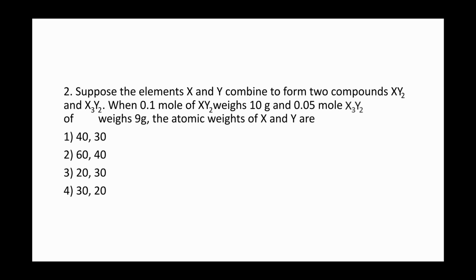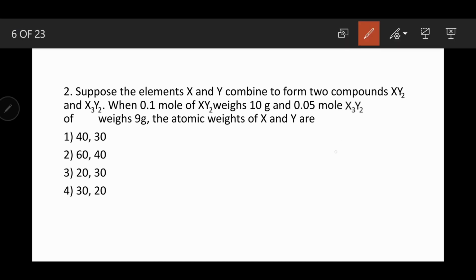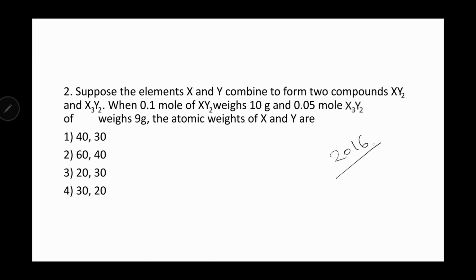When 0.1 mole of XY2 weighs 10 gram and 0.05 mole of X3Y2 weighs 9 gram, the atomic weights of X and Y are: option A 40, 30, option B 60, 40, option C 20, 30, and option D 30, 20. This question was asked in the year 2016 AIPMT Phase 2 exam.